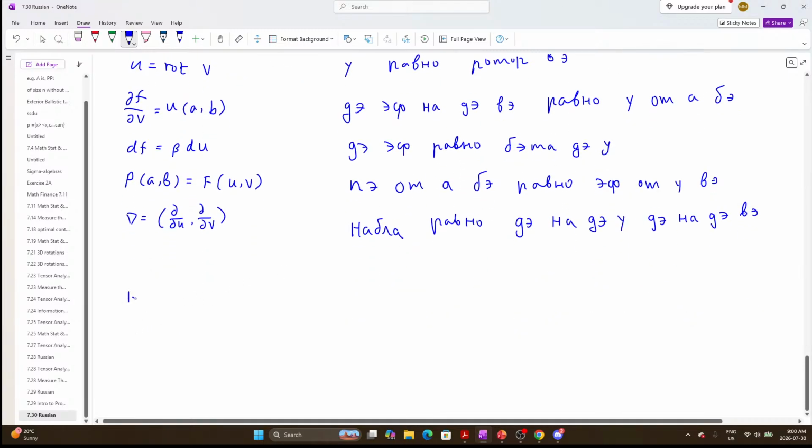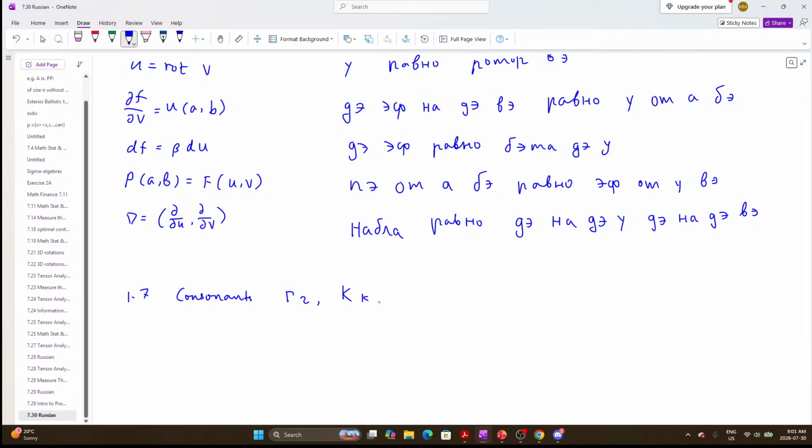New consonants, 1.7. The consonant letters G, little g like this, ka and ha.